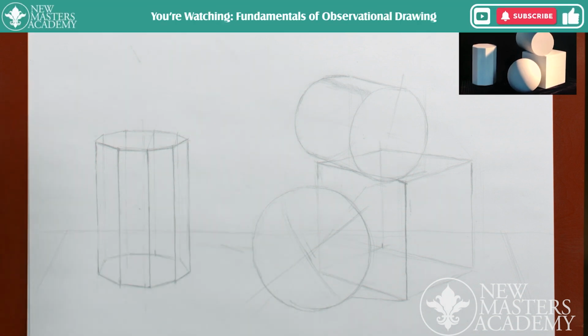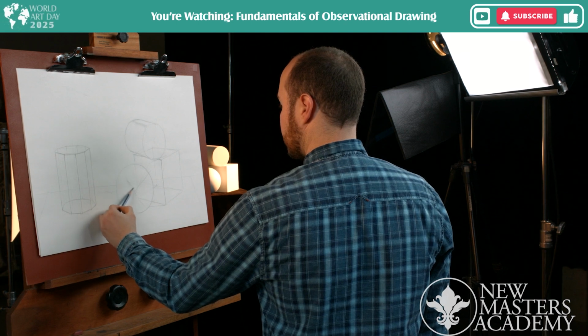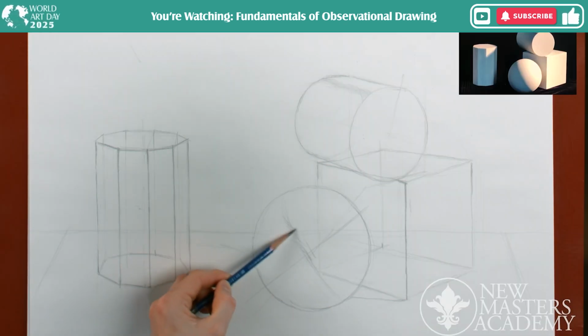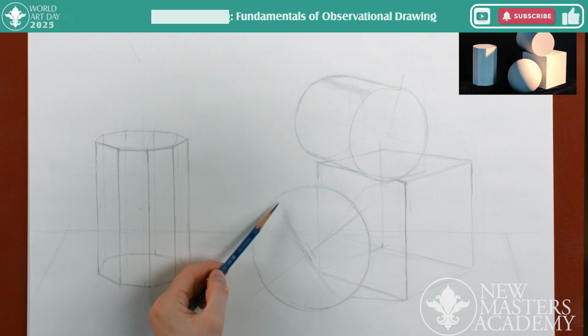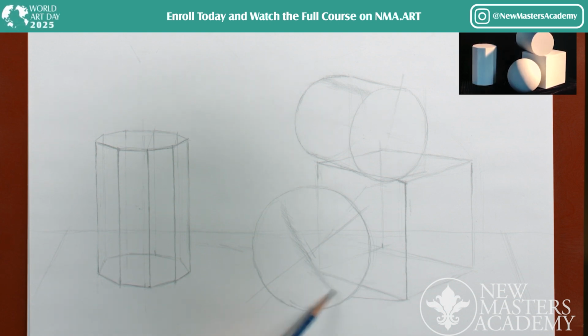But as we spoke about earlier, I would almost right away begin placing that terminator with a hatch or a flat area of tone to immediately begin to signify that this is a curved surface.